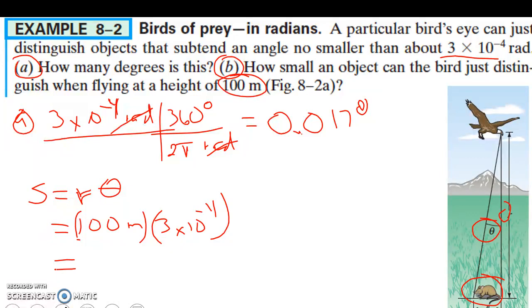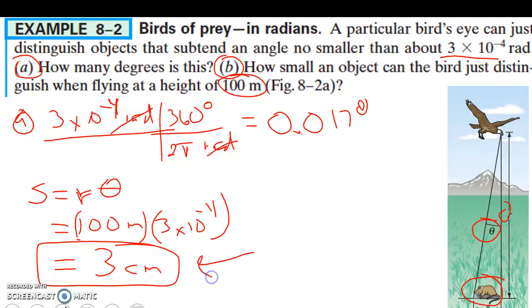What it's going to come out to be is approximately 3 centimeters. So what this is telling us is that 100 meters up, this bird of prey can see a mouse that's 3 centimeters in length. That's pretty good eyesight.